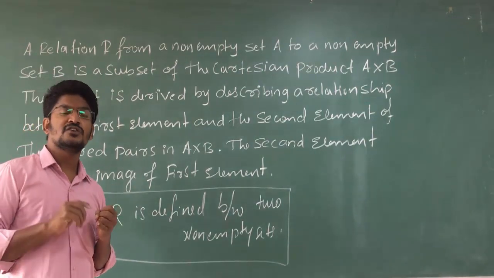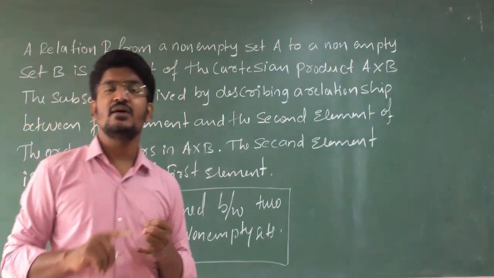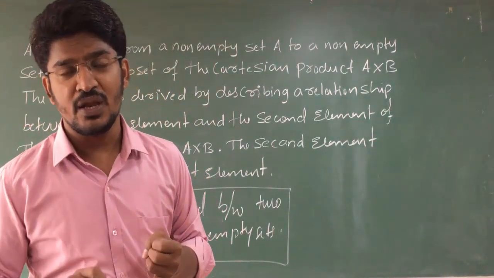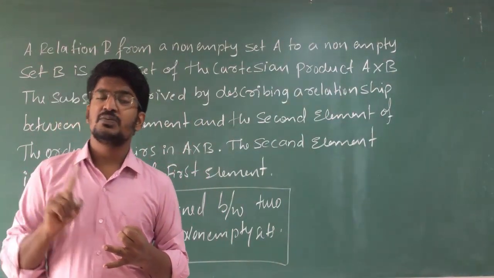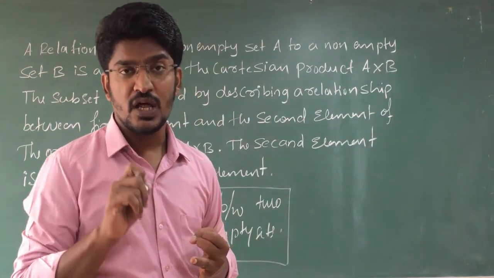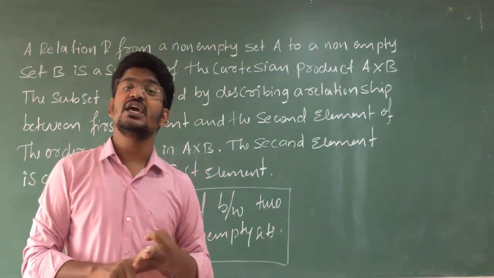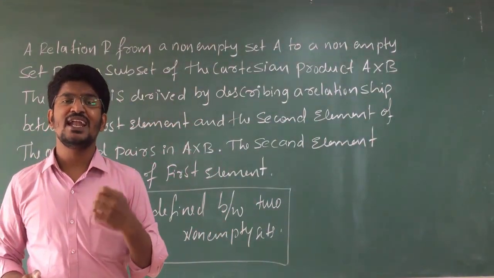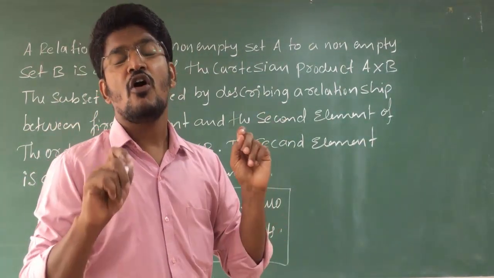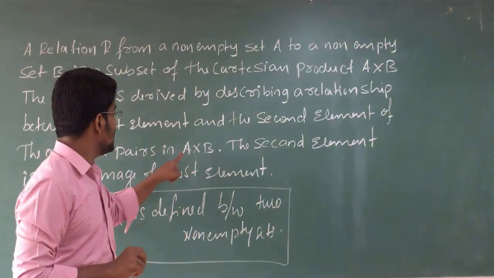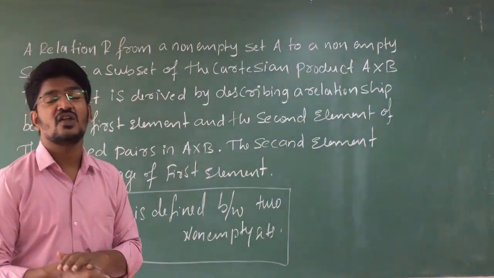Okay. The first point is A and B sets must be non-empty, and the second point is the relation must be a subset of Cartesian product, and the third point is there must be a relation from the first element to the second element of the ordered pair in A cross B. Are you getting my point?